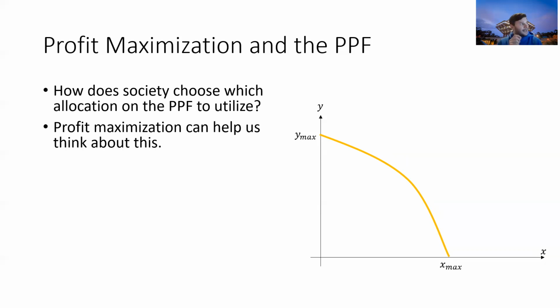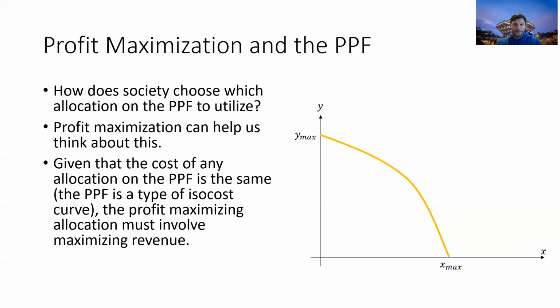And given that the cost of any allocation on the PPF is the same, I'm going to argue that the profit maximizing allocation for the firms must involve just generating the most possible revenue across goods X and Y. And so I'm going to argue here that maximizing revenue must correspond to maximizing profit, given that the cost of any allocation along the PPF is constant.